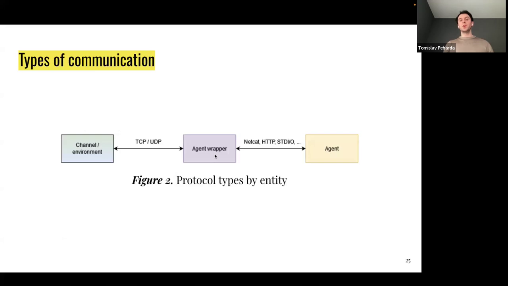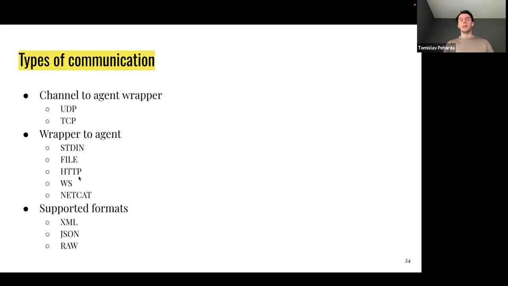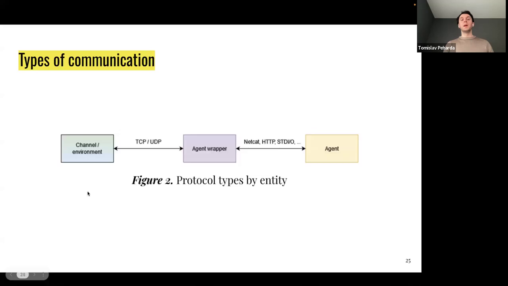Those two instances can communicate over Netcat, WebSockets, HTTP, file, stdin, and so on. However, the agent wrapper, which is responsible for proxying those messages to an agent, communicates with the channel only over TCP and UDP.